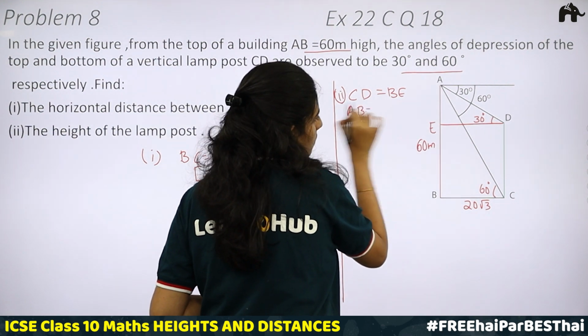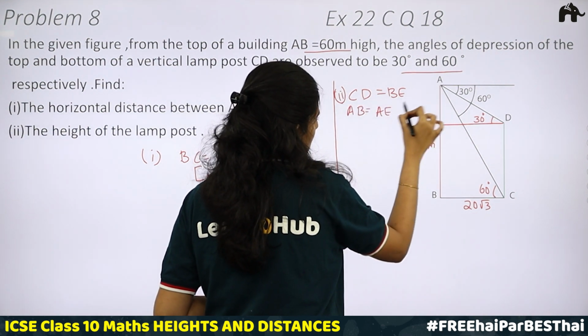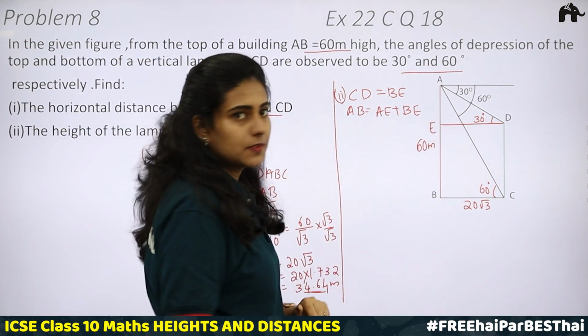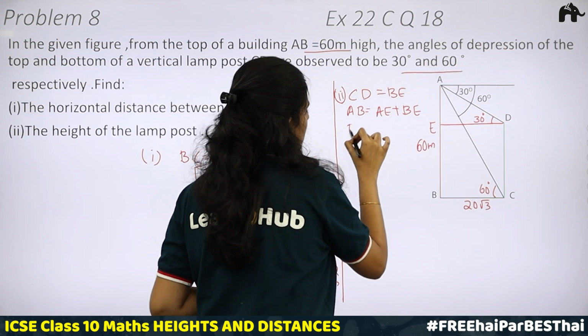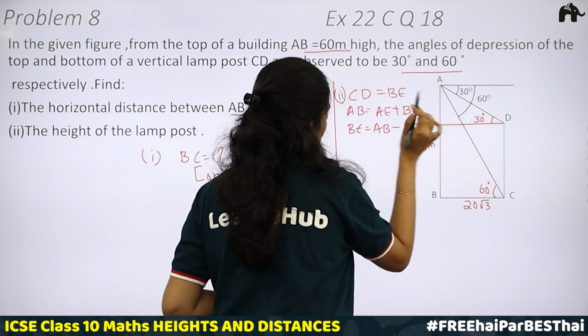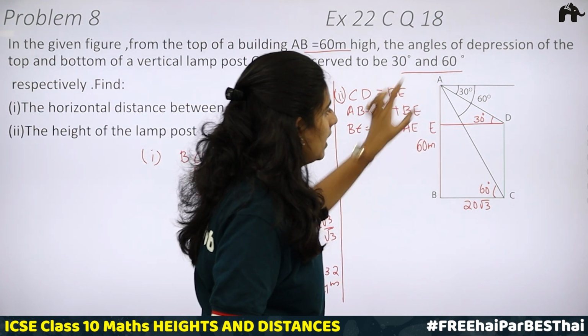AB is equal to AE plus BE. We need BE. BE will be AB minus AE. Now our aim is to find what AE is.